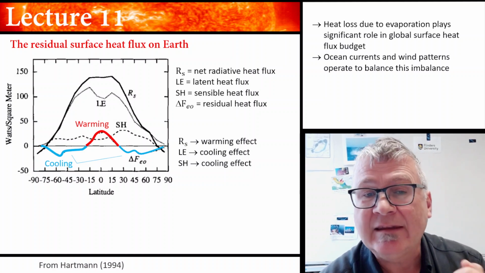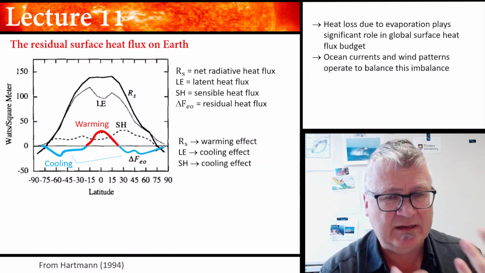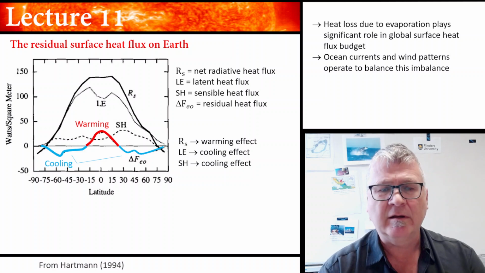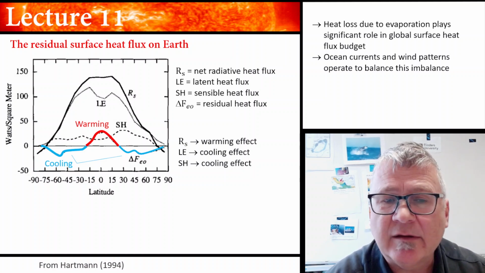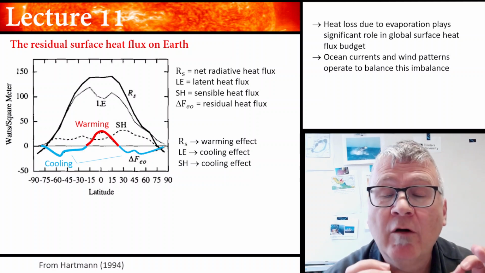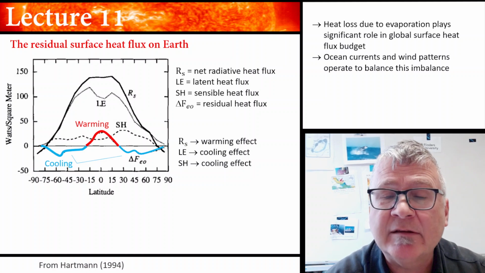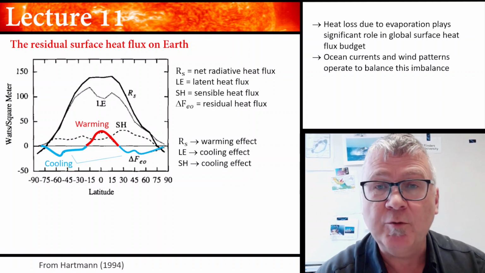Here again you have to be a little bit careful with the signs. But let's see whether you can now understand that. What's shown here is the distribution of components of that surface heat flux budget from the South Pole to the North Pole.